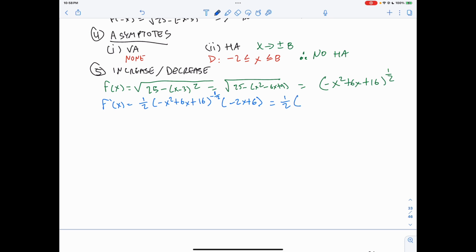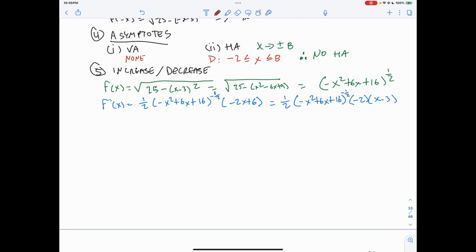And I'm going to factor out a negative 2 from the second set to be left with x minus 3.